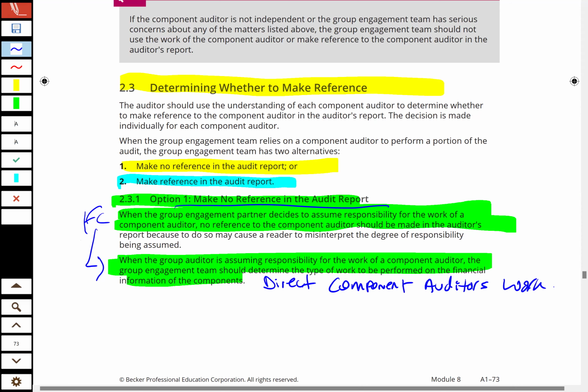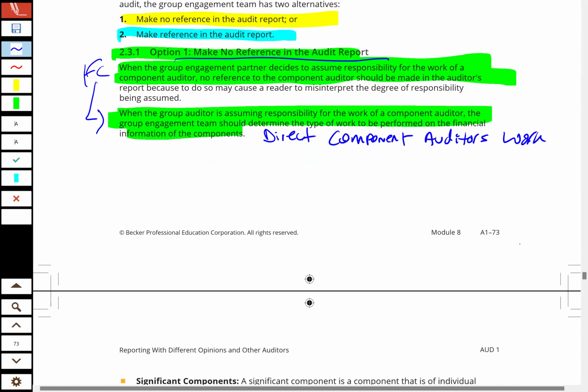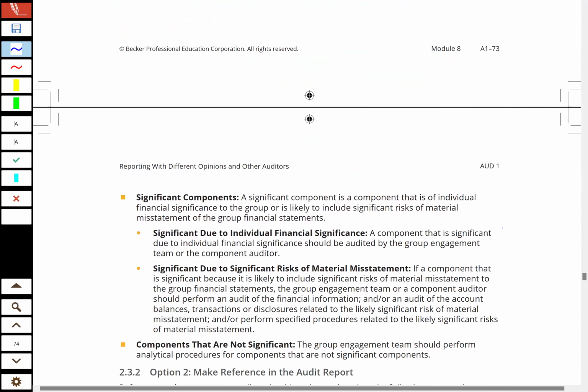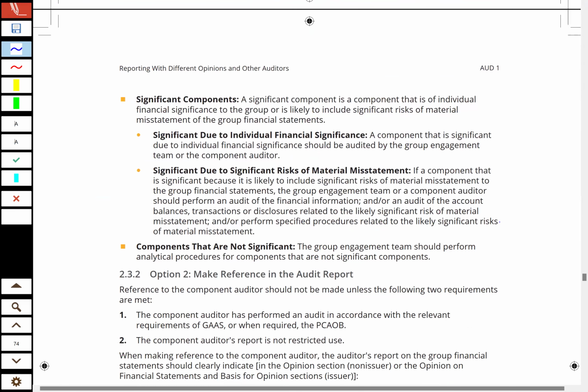Okay, now, as we've said, since you're going to direct their work, you're going to want to direct their work in a manner that is efficient. So you would want to obviously direct their work towards significant components, whether significance due to financial significance or significance due to the risk of material misstatement.